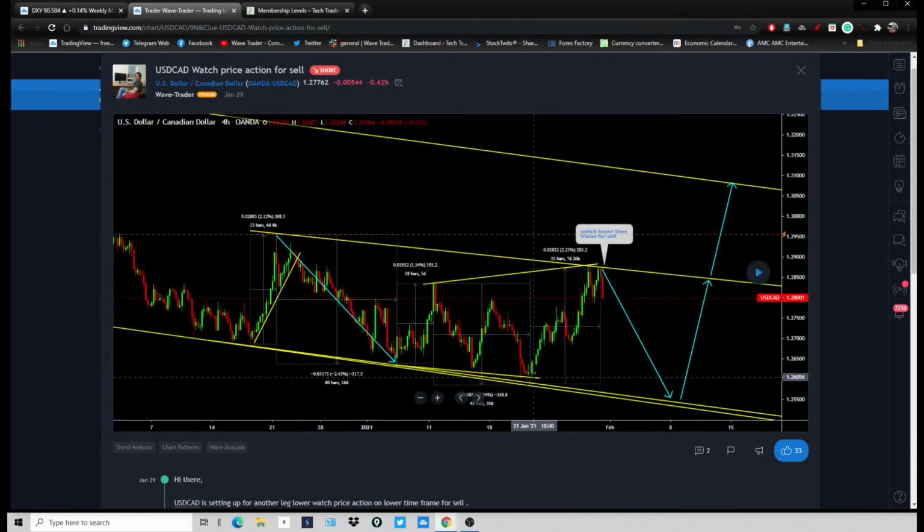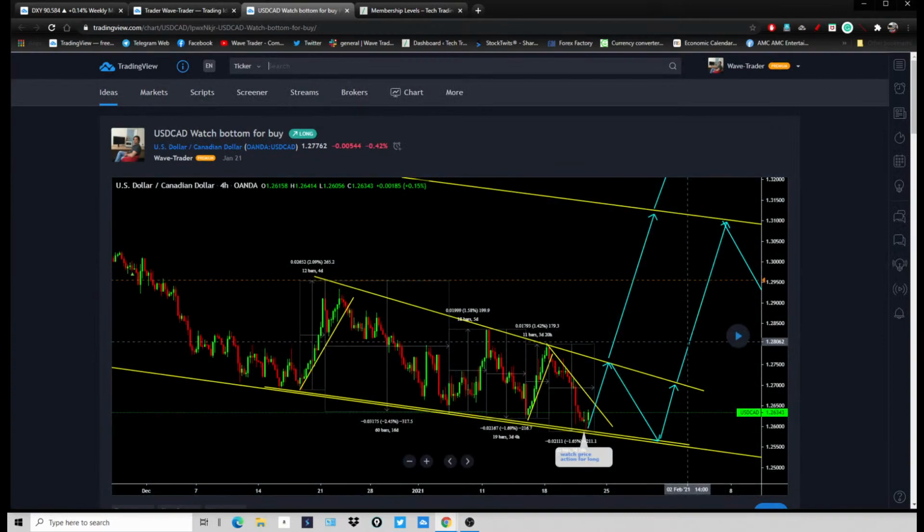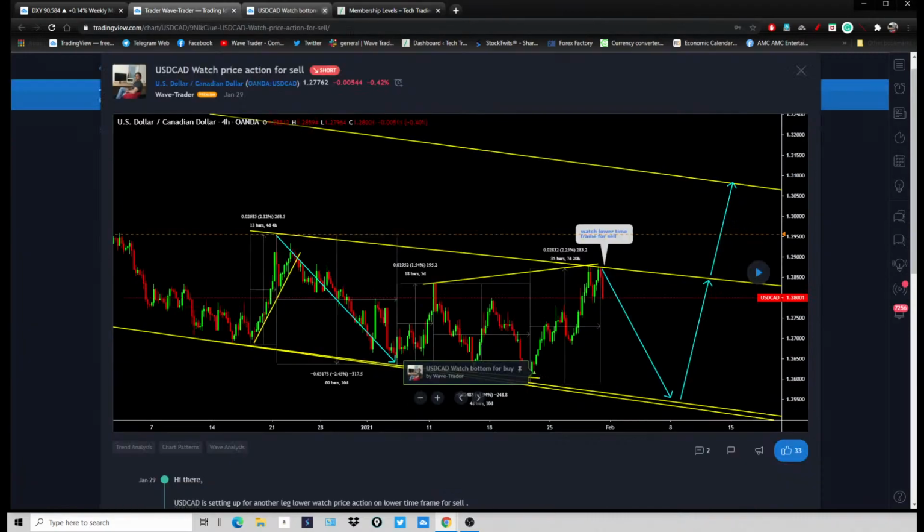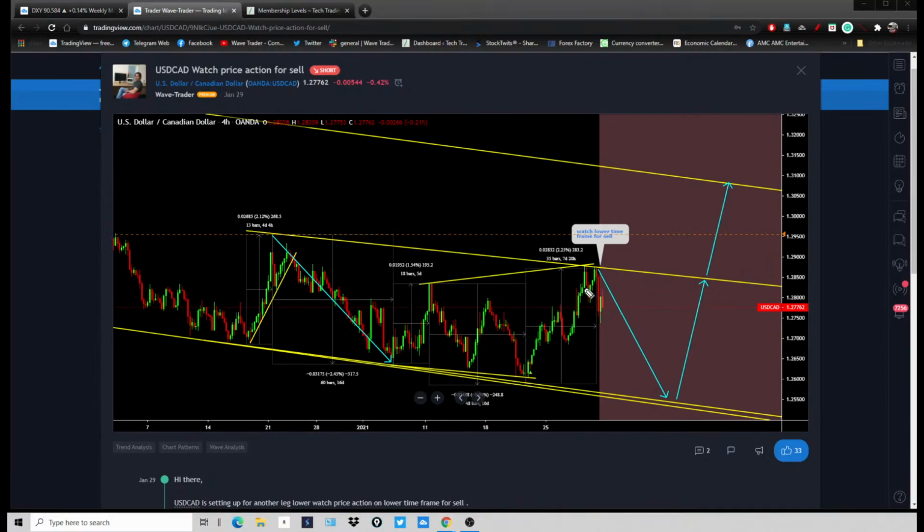So dollar CAD. Last week, or the week before, on the 21st of January, we had a dollar CAD buy opportunity. We had a buy on the dollar CAD from the bottom, an aggressive move, broke out, trying to go beyond the channel, or trying to reverse for longer term. When the market opens, we may still see another leg higher, back to that top, or a possible longer term reversal.